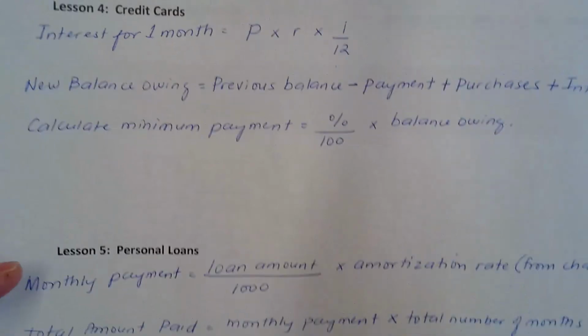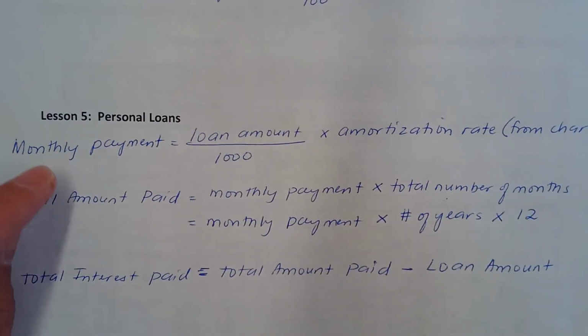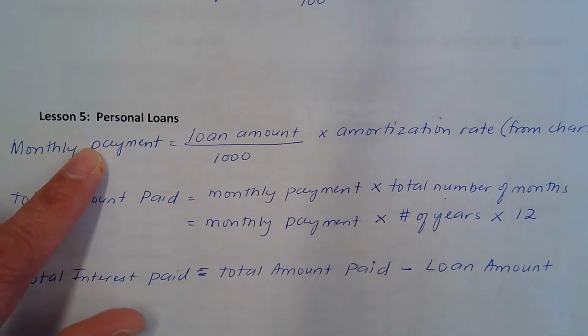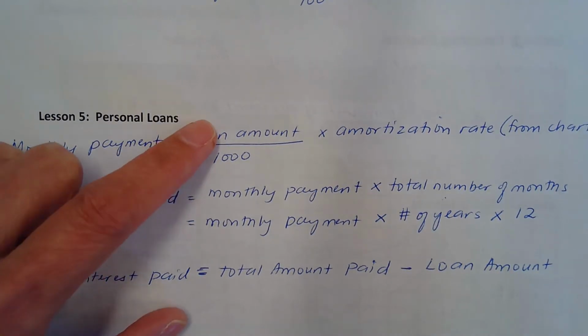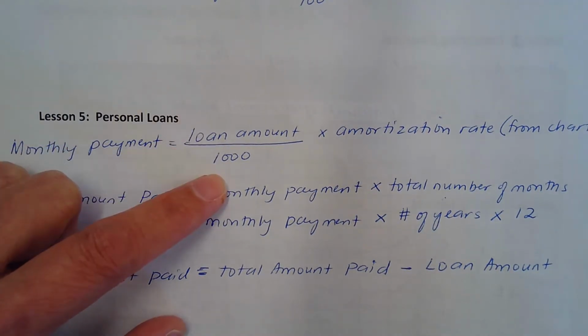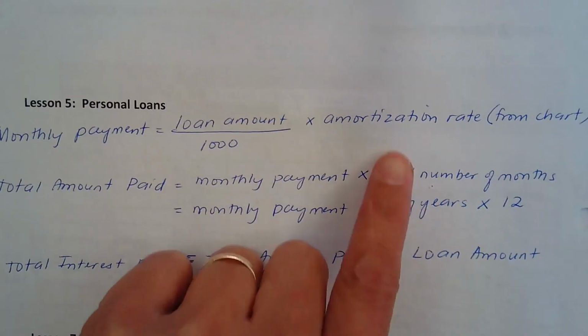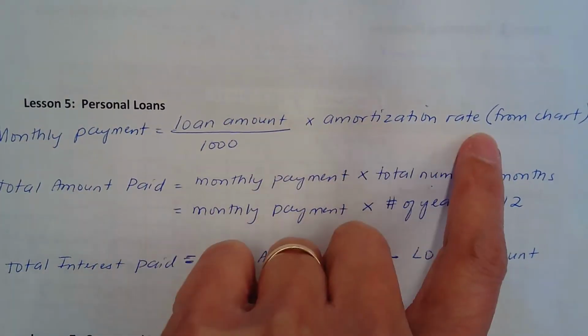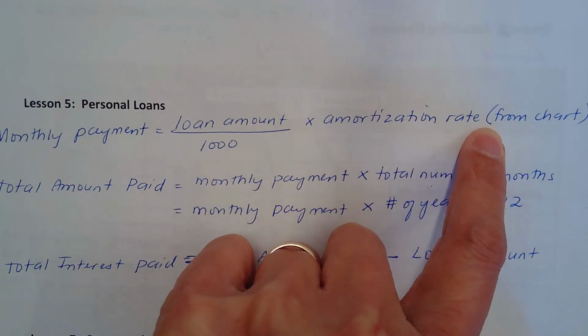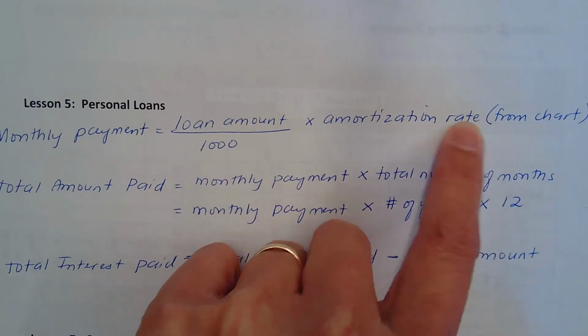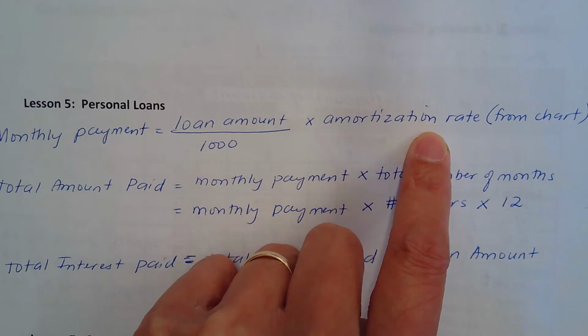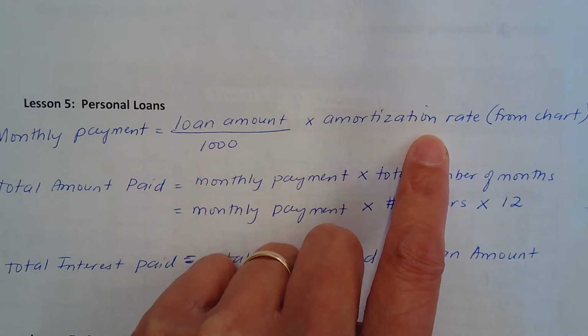This is what we have on our formula sheet. Monthly payment is equal to the loan amount divided by 1,000, times the amortization rate from the chart. Okay, this is the formula that we wrote down. Loan amount divided by 1,000 times amortization rate. So that can be found in the question or found on the chart.